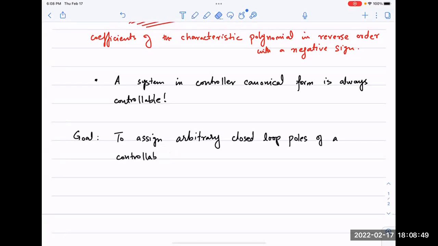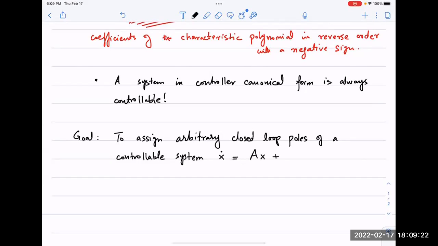If you have an open loop system, it has a fixed location of poles, which are defined by the eigenvalues of the matrix A. Once you decide to close the loop using feedback, your goal is to change the location of those poles to a new location that has some desirable properties.